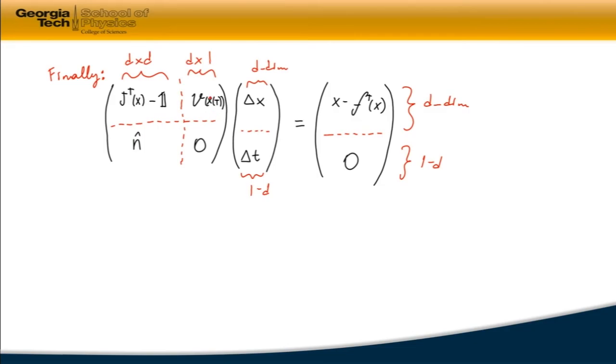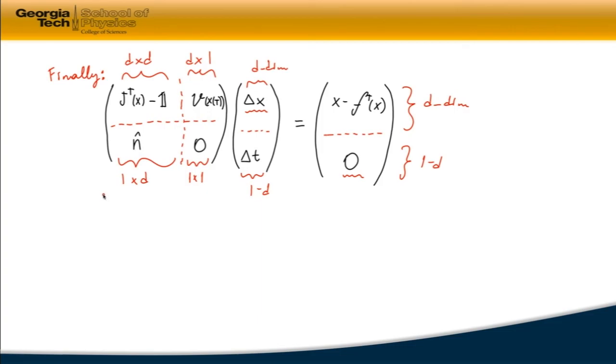Here I write explicitly the number of rows and columns, because here I have a 1 by d vector in the transposed form, so that effectively what it does is it dot products with delta x and requires that to be 0, so that it will add our constraint to the problem. And this 0 is just 1 by 1.